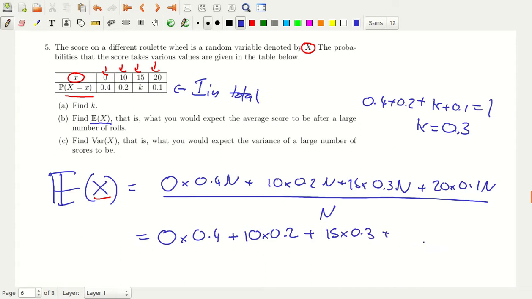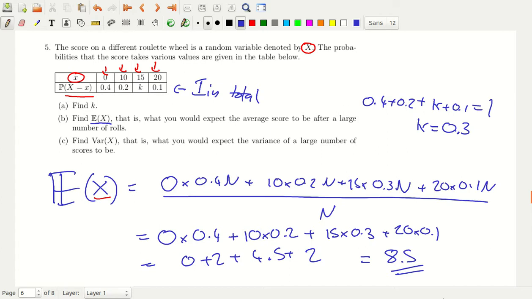So 0 plus 2 plus 4.5 plus 2, which is 8.5. So the average score on this roulette wheel is 8.5.